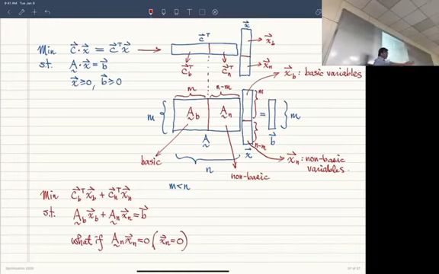Then, just like what you said, this is a square matrix times a vector with unknowns equals b. And at that moment, you have the same amount of equations as unknowns. So you will have one solution. So in that case, you will have AB XB equals b, and you can directly get XB equals AB inverse b.